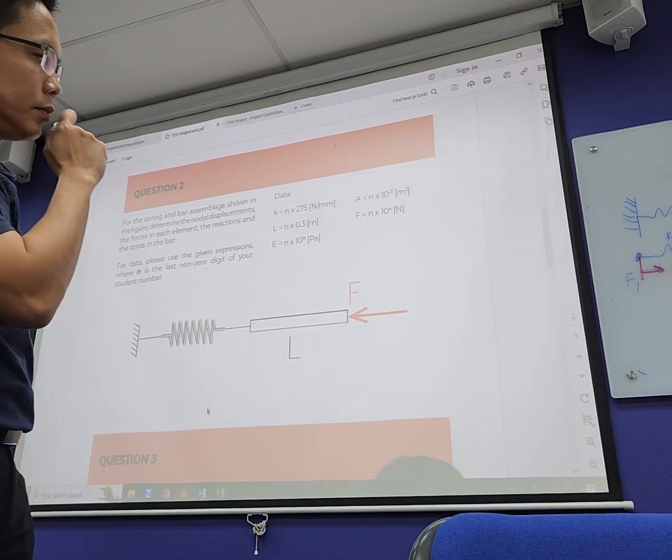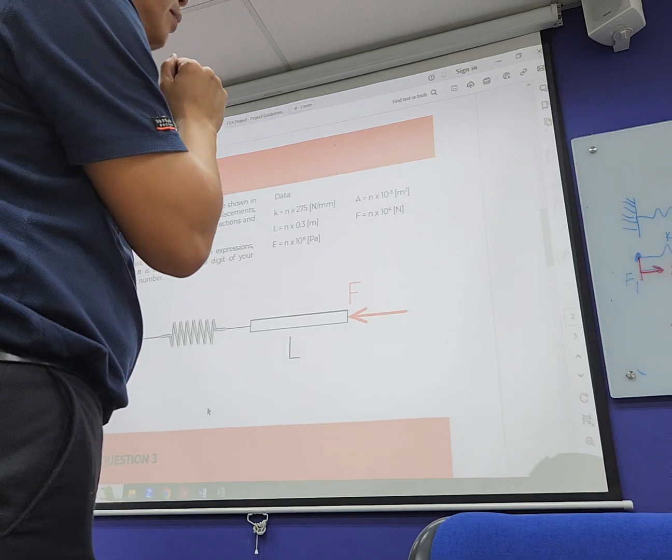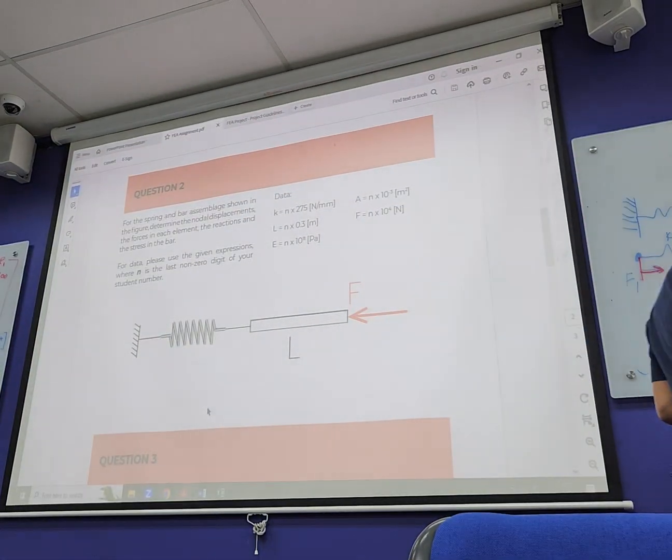I think the matrix, the first column, the second row should be minus K1. Very good.